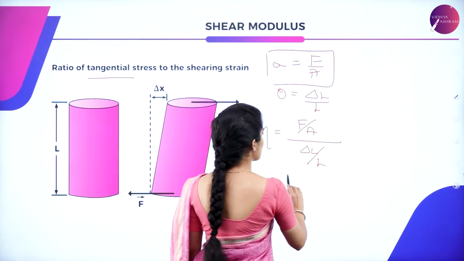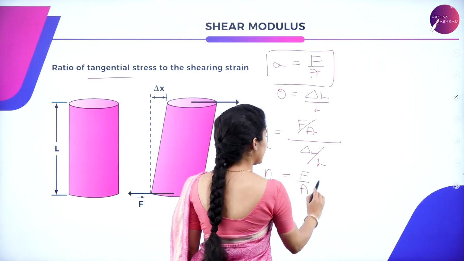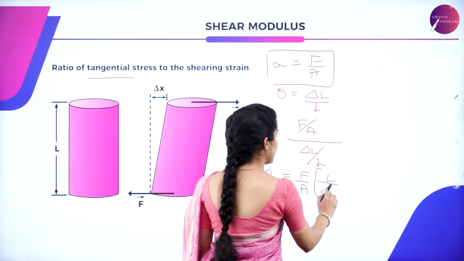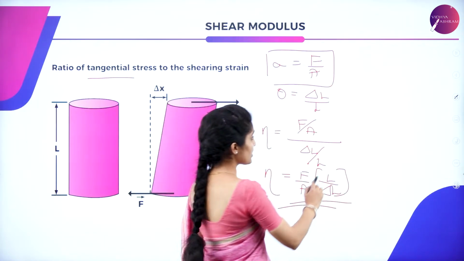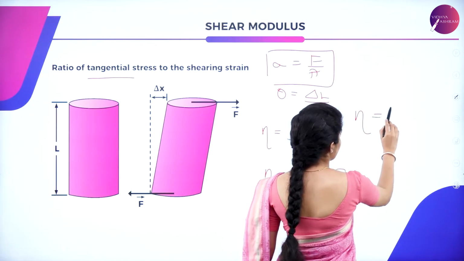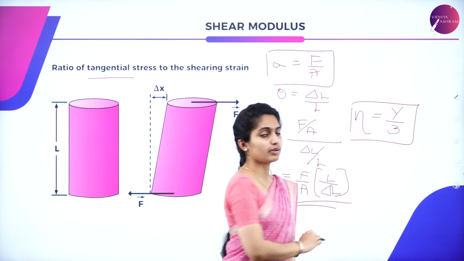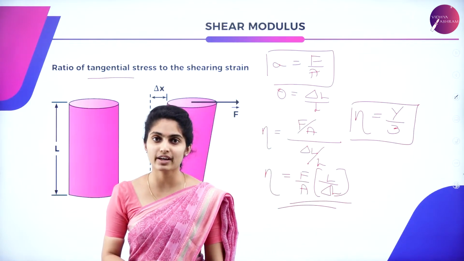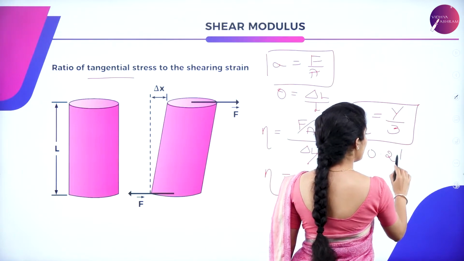So I have eta as F by A into L by delta L, same as that of Young's modulus, and the shear modulus is smaller than Young's modulus, given by eta is equal to Y divided by 3, and eta lies between 0.2 to 0.4.